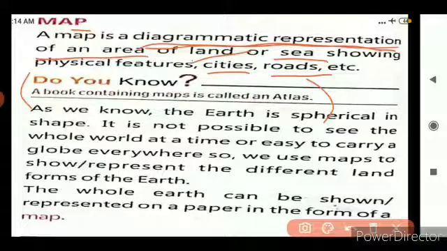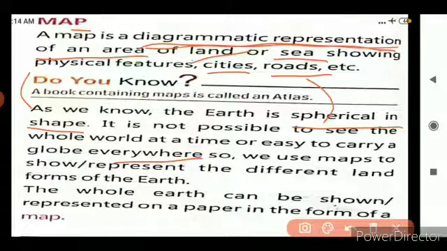Next, as we know, the earth is spherical in shape. Yes or no children? Yes, spherical in shape. Is it possible to see the whole world at a time? No, never. It is not possible to see the whole world at a time or easy to carry the globe everywhere.